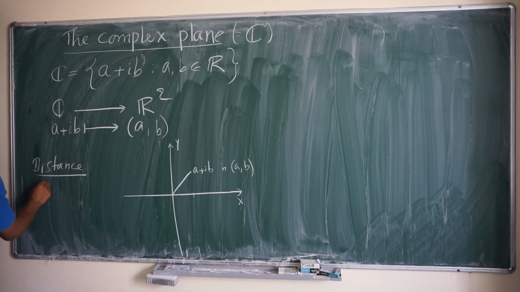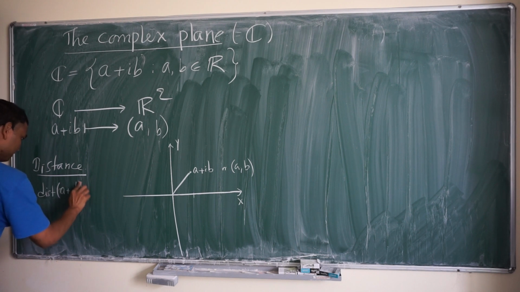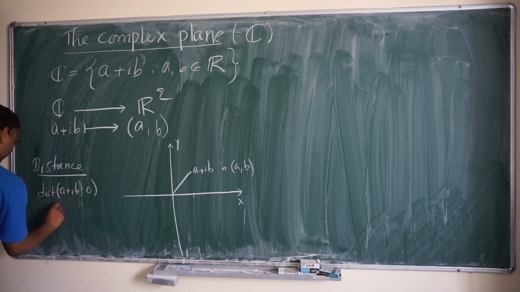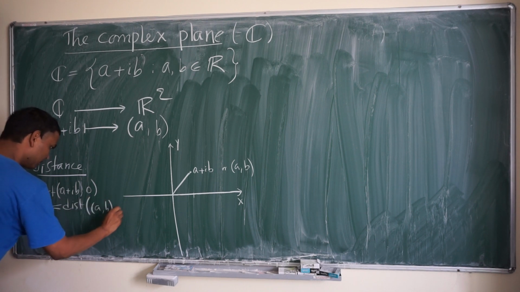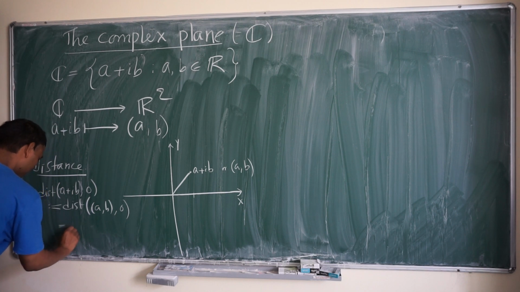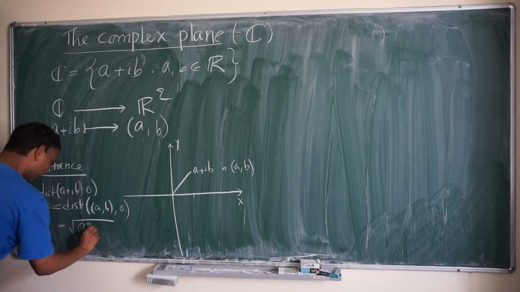The distance between, let's say, A plus IB and 0 is defined to be the distance of (A, B) from 0, which is the square root of A square plus B square.